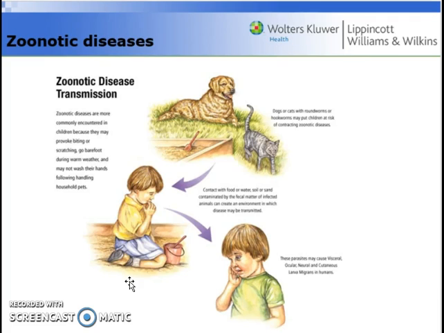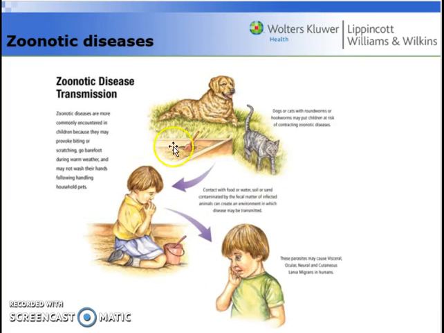The reason is not only their immature hygiene habits, but also that they're still developing immunities. Our immune systems as adults are presumably a lot stronger than a kid's immune system, which is still growing and maturing, and because of that, the child is more susceptible to acquiring diseases.